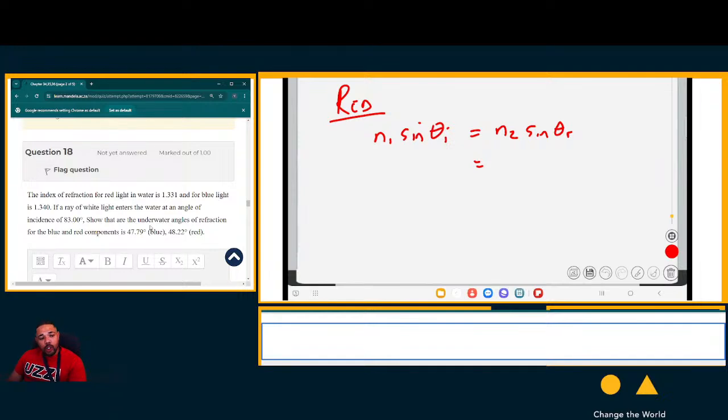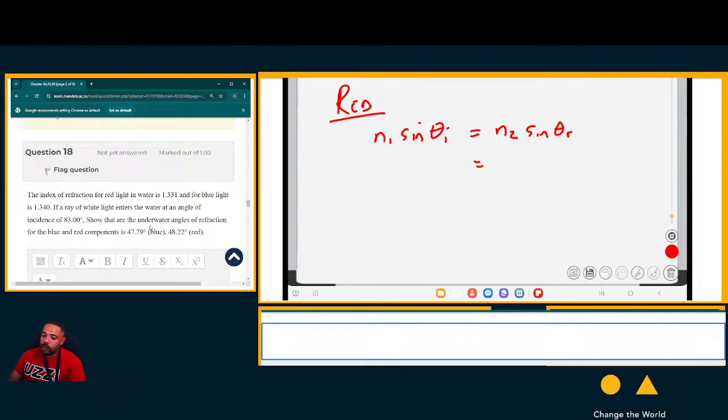Let me read the whole question. The index of refraction for red light in water is 1.331, and for blue light it's 1.340. So it's a minuscule difference. Now if a ray of white light, which contains both red and blue light, enters the water at an angle of incidence of 83 degrees, show that the underwater angles of refraction are 47.79 degrees for blue and 48.2 for red.